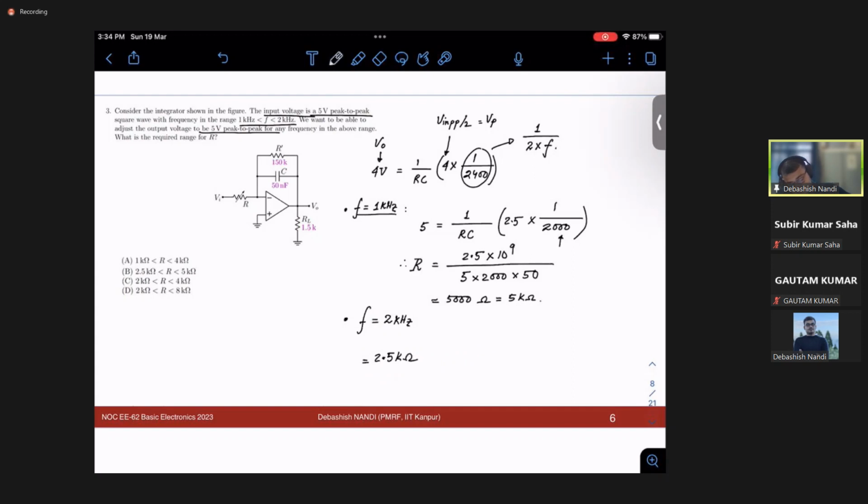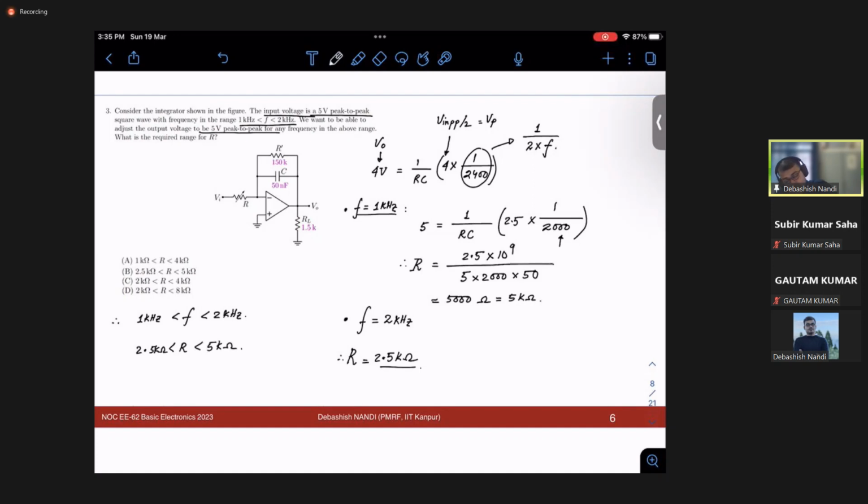For this, your R will be 2.5 kilo ohm, right? That means if your f is from 1 kilohertz to 2 kilohertz, your R would be from 2.5K to 5 kilo ohm, right?